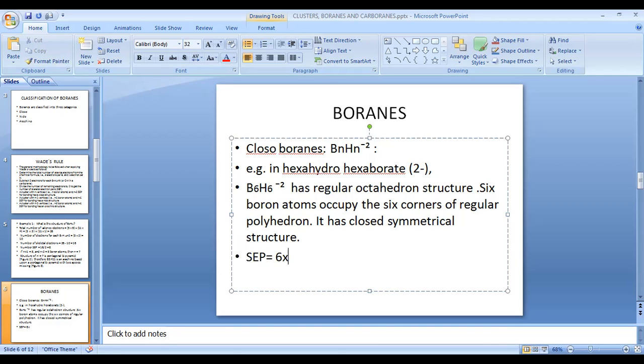Plus how many hydrogens do we have? 6. Each hydrogen contributes 1 valence electron.